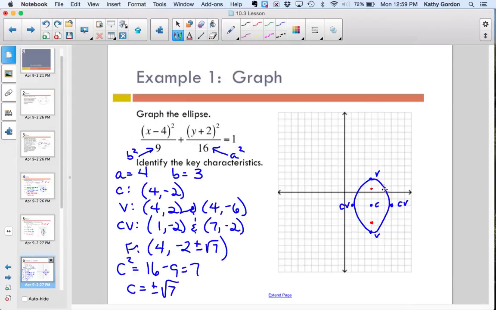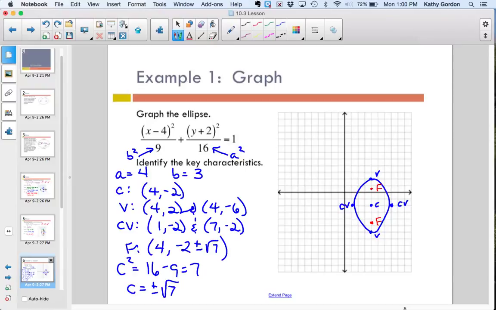Label it F, label it F. There's your foci. So I don't need you to get real precise as far as what the decimal part is. I just need you to put your point in between the right two grid lines. And as long as you do that, you're fine.